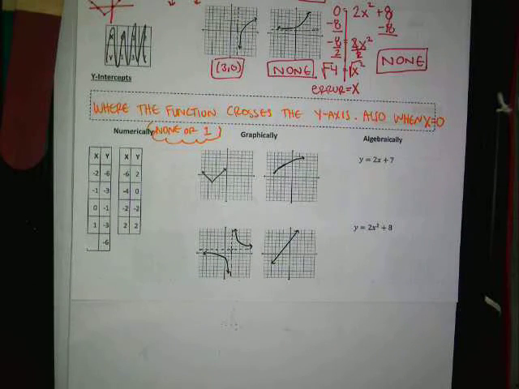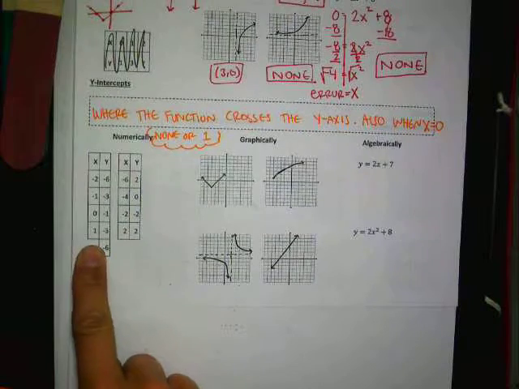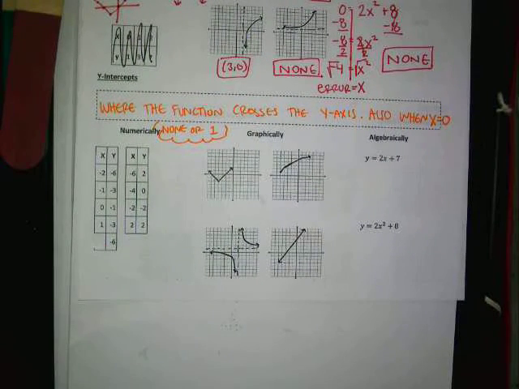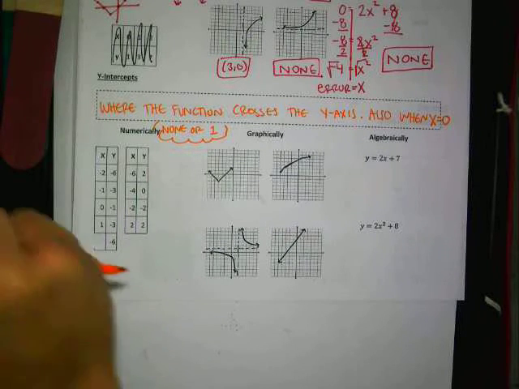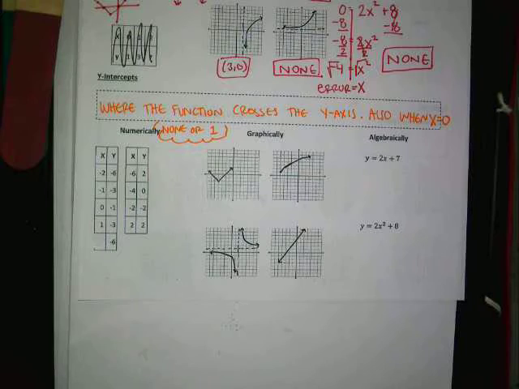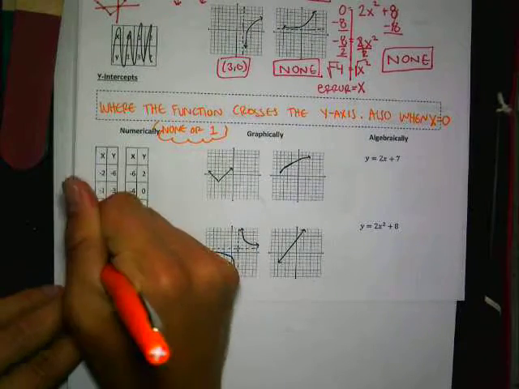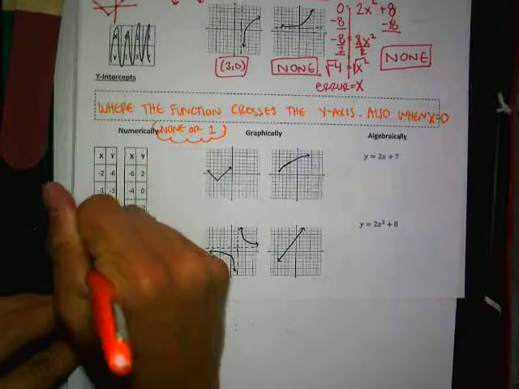Okay, so on this first table here, look at the table and look to see when x is 0. Number 9. Angie, what's my y-intercept on that first table? Very good, -1. So here's my y-intercept, 0, -1.